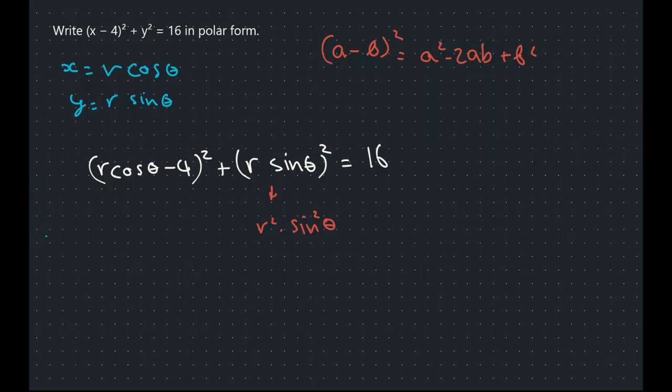We will have a squared, so r squared cosine squared theta. It's just exactly the same as r cosine theta all squared, right? So we'll just distribute the powers and we'll get r squared cosine squared theta minus 2 times a times b, so 2 times 4 times r cosine theta plus b squared, so negative 4 squared, that's 16.